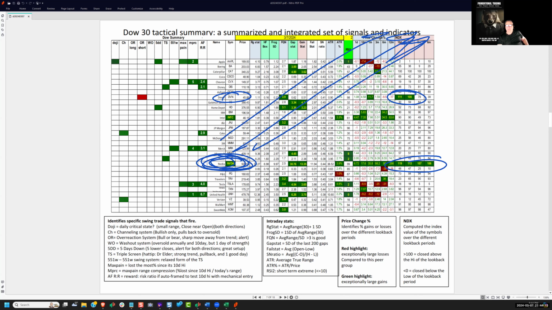Meanwhile, 5-day down in Apple, 5-day down in Home Depot. Auto framers on Chevron and Disney, Coke, Merck, especially Tesla, especially, and United Health.